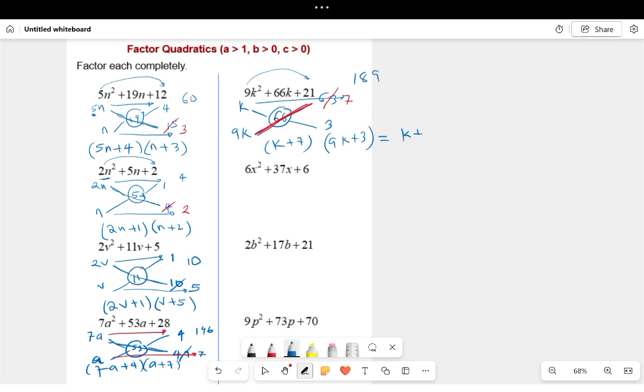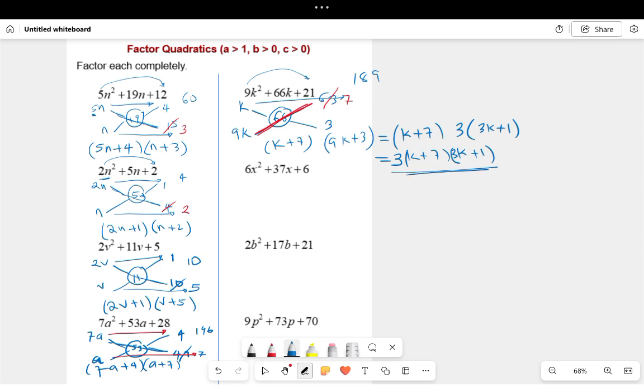We say k plus 7, and then we know 9k plus 3 can also be written as 3 into brackets 3k plus 1. So to organize this one properly, k plus 7, and then I'm gonna have 3 at the beginning, then 3k plus 1. Okay, like that. So that's a more simplified solution.